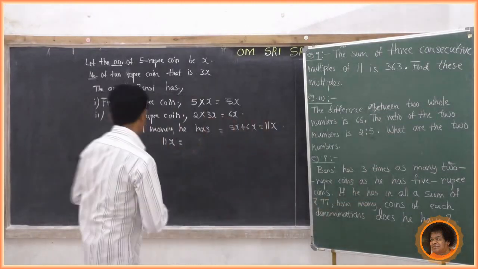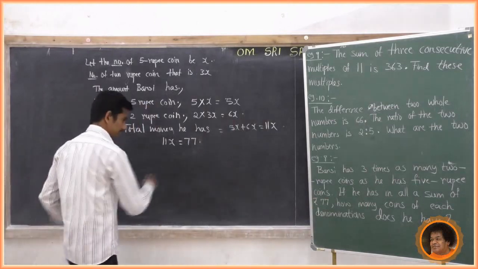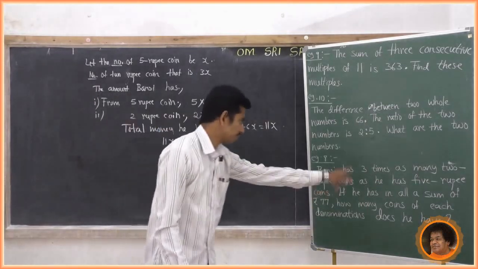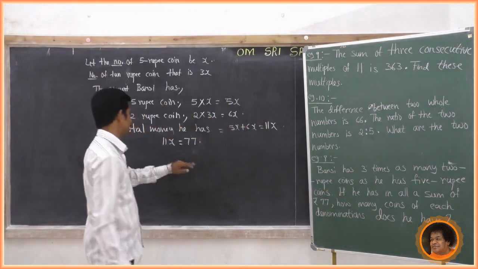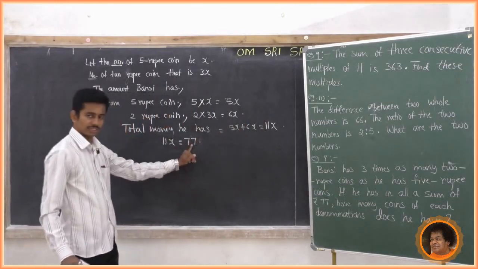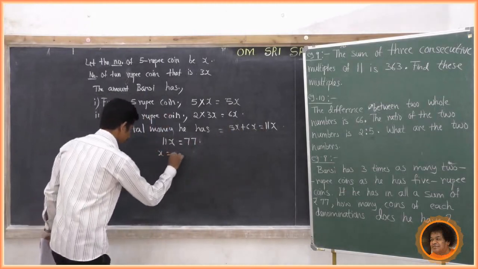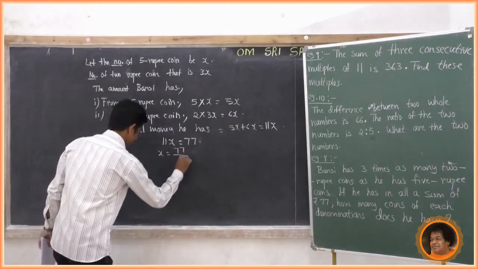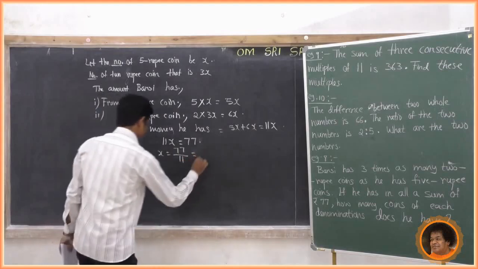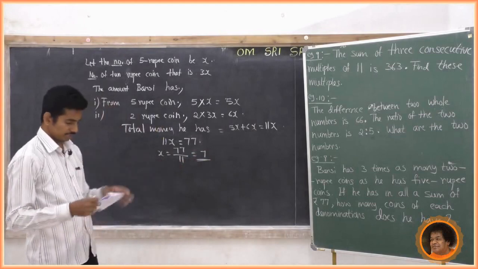So 11x equals 77. Why? Because the total money he has is 11x, and its value is 77. So 11x equals 77, or x equals 77 by 11, 11 sevens are 77. So the value of x is 7.